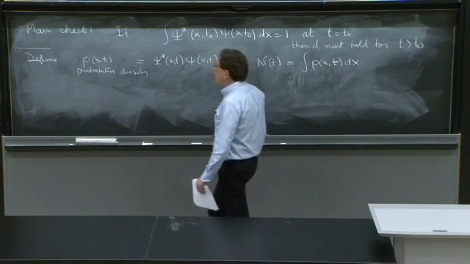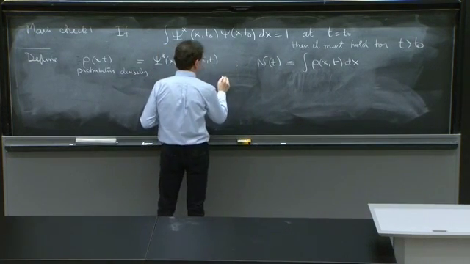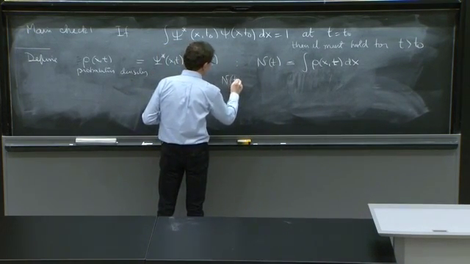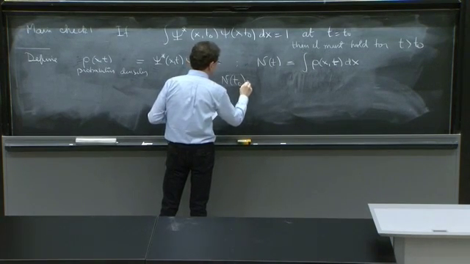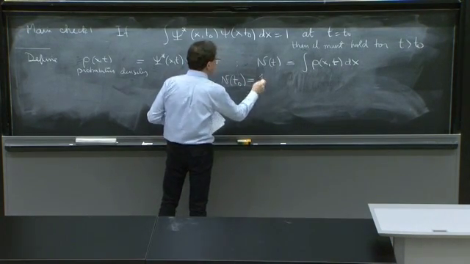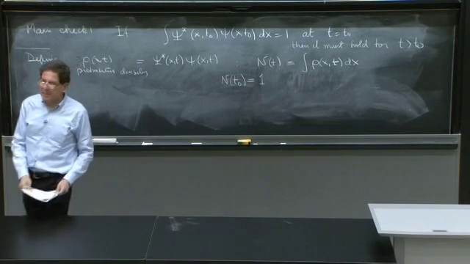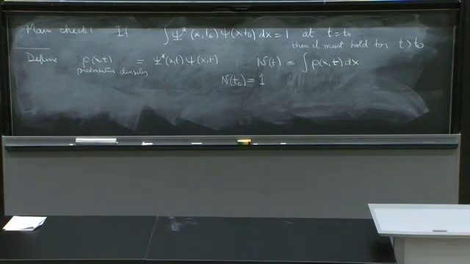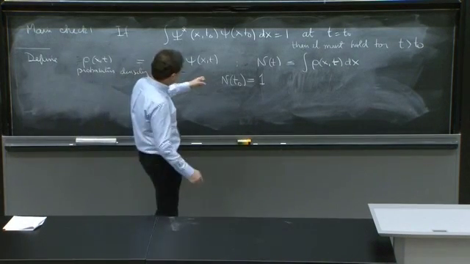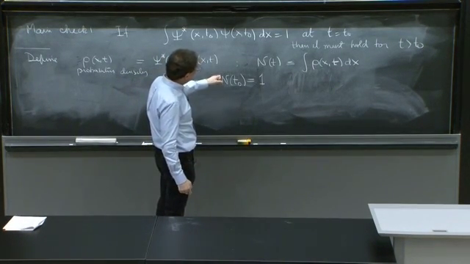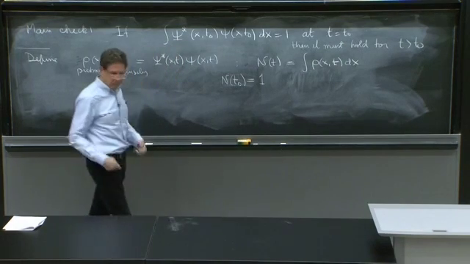Now, what do we know? We know that N of t, or let's assume that N of t naught is equal to 1. N is that normalization. It's that total integral of the probability, what had to be equal to 1. Well, let's assume N at t naught is equal to 1. That's good.